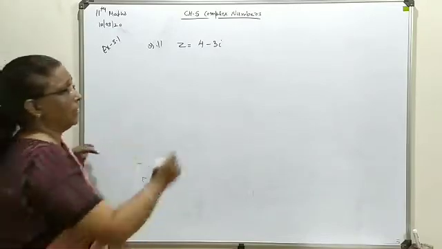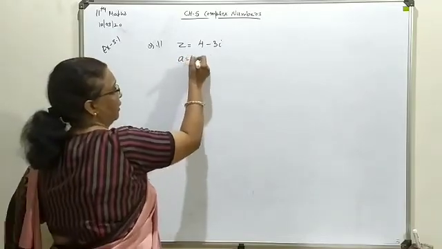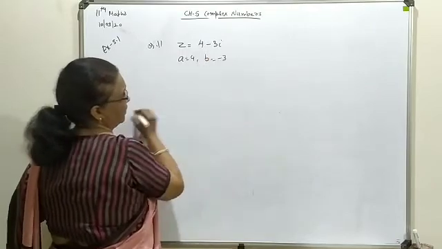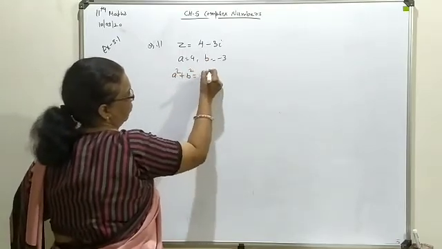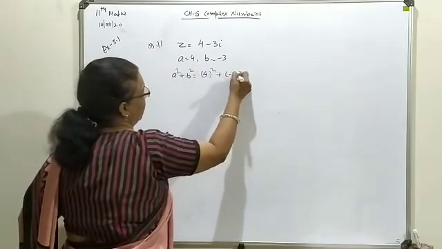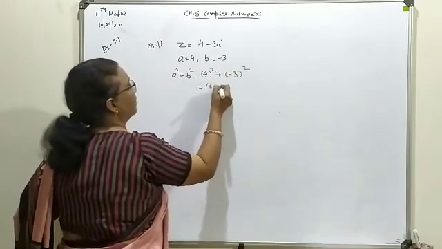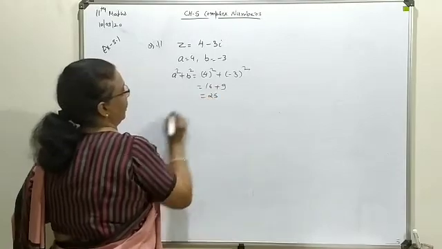So here what we have to find first is a square plus b square. Here a is equal to 4, whereas b is equal to minus 3. So a square plus b square we will find out, means 4 square plus minus 3 square. 16 plus 9 means 25.